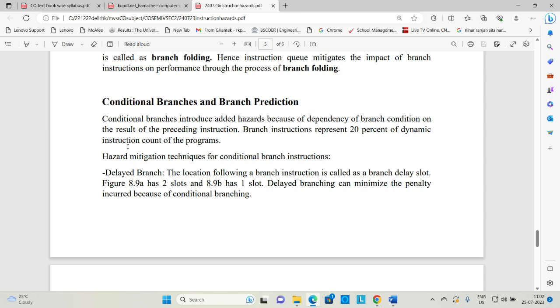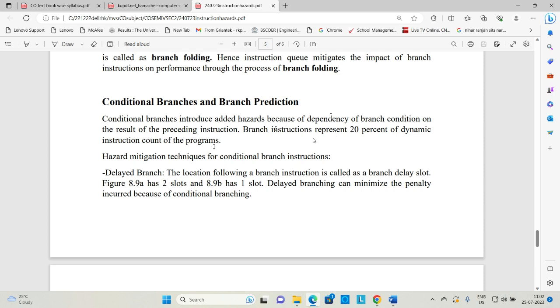So, what is dynamic instruction count? If there is a loop, say for 100 times, so those 100 iterations are also counted. So, instruction executions and their count, including the looped ones, is called the dynamic instruction count.